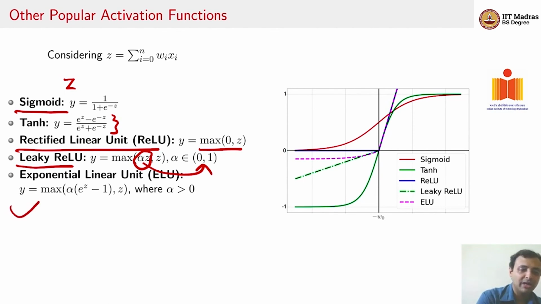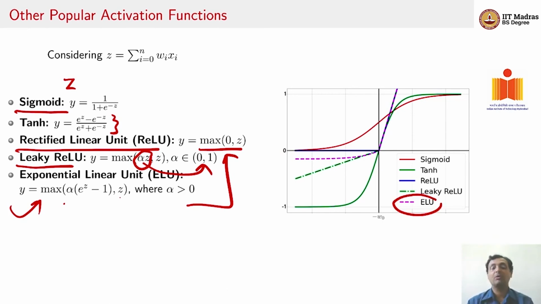A more general variant of the ReLU activation function is known as the exponential linear unit, or ELU, which is simply a smooth form of the ReLU or the leaky ReLU activation function, given by max of alpha into e power z minus 1 comma z, where alpha is a number greater than 0. You can see the ELU activation function in the purple color on this particular graph.